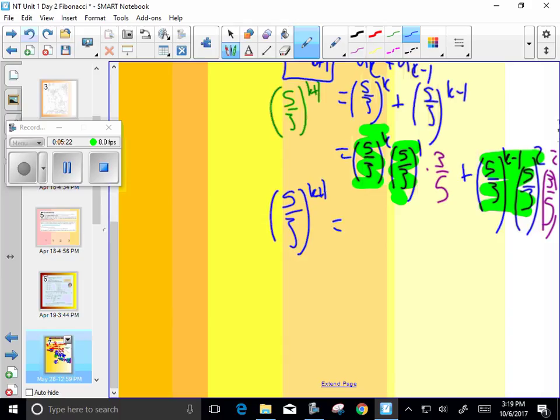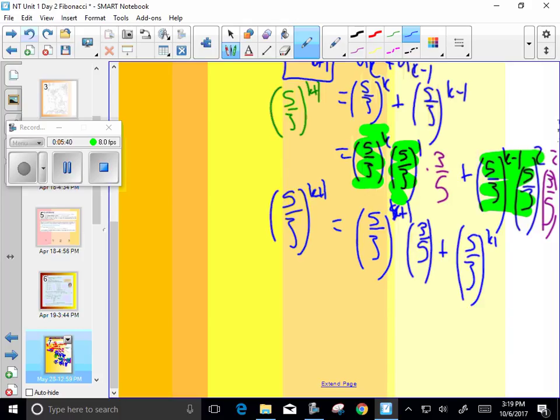So we're trying to manipulate the shortcut to get to that. Now we have (5/3)^(k+1) times 3/5 plus (5/3)^(k+1) times 9/25.